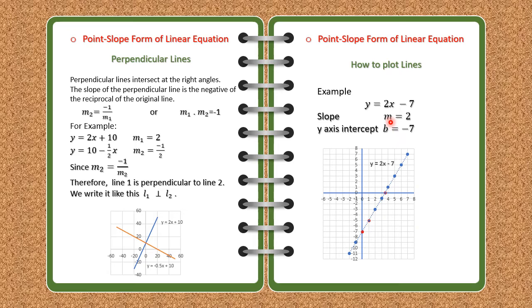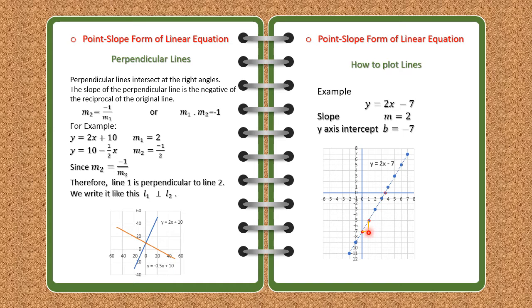Then I will use the slope to move one step to the right and go up 2. Now I am here at (0, -7).